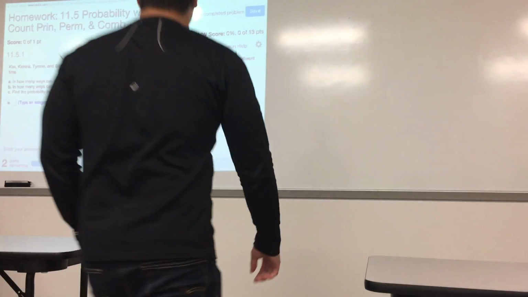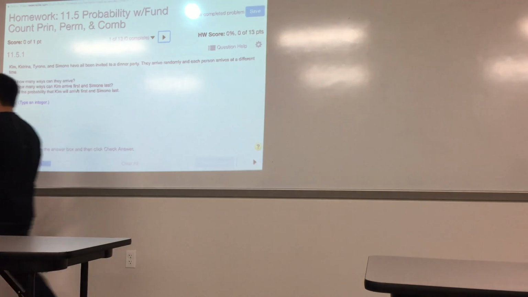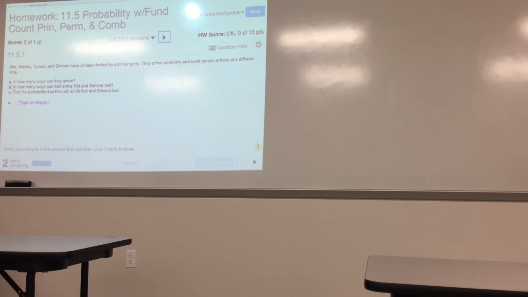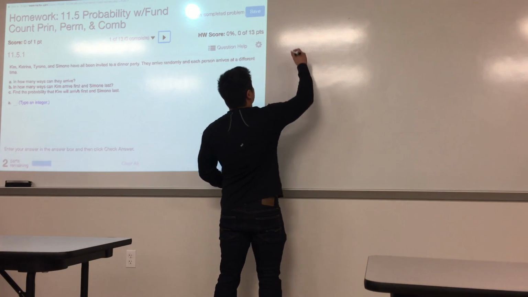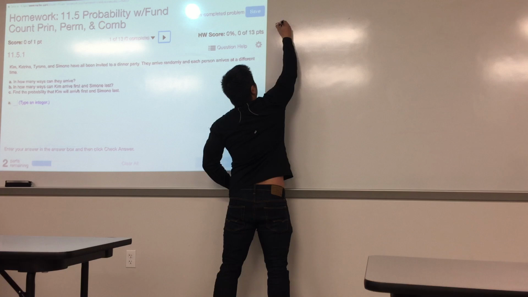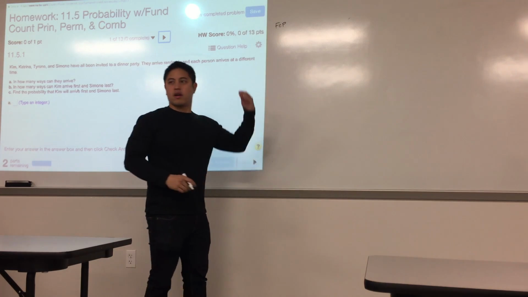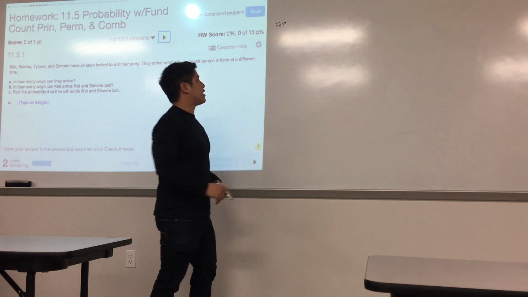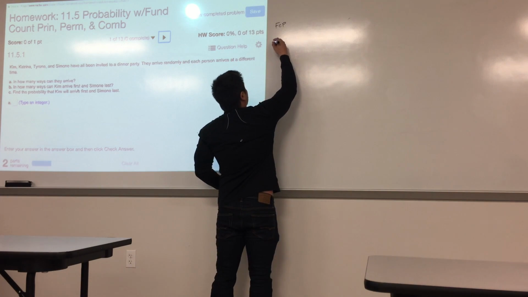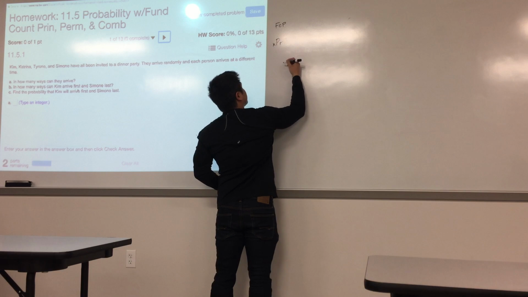All right, this is section 11.5, and in 11.5, what you're going to see is that we're going to take the fundamental counting principle. You guys remember, multiply all your options in one by all your options in another and all the way down. We're also going to take our permutations.